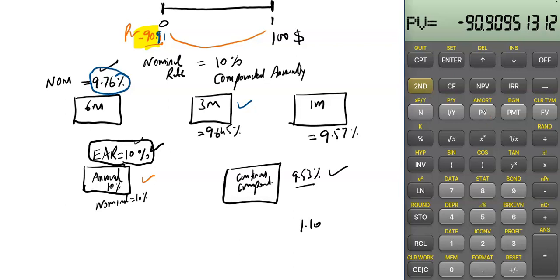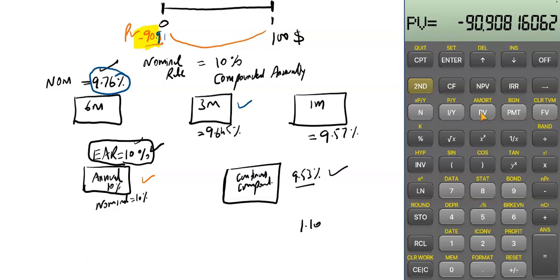It's the same discounting rate. Even in monthly, 9.57 divided by 12, with N as 12. Compute the PV, 90.91. So if we discount the $100 back to year 0 by using all of these, the answer will be the same.